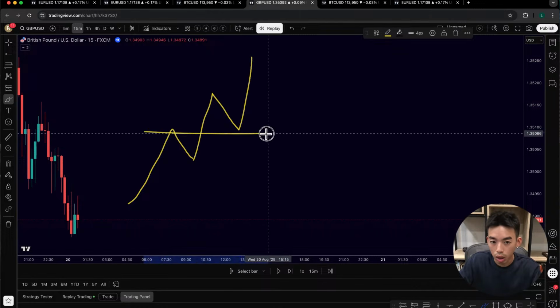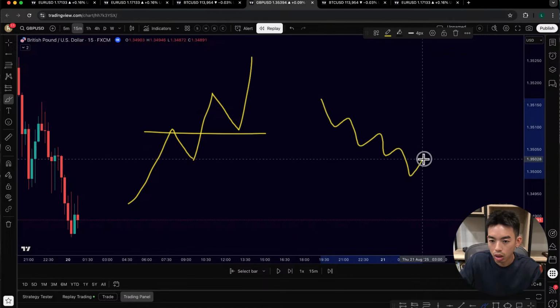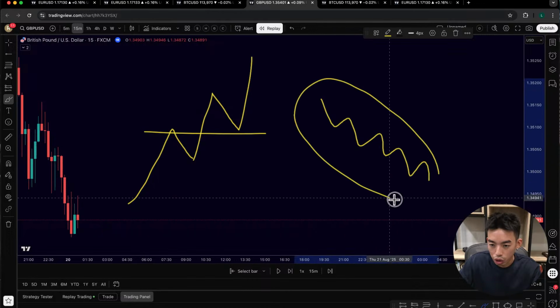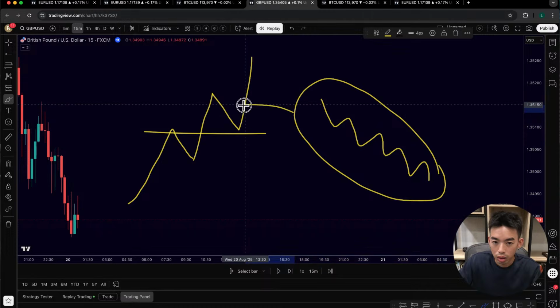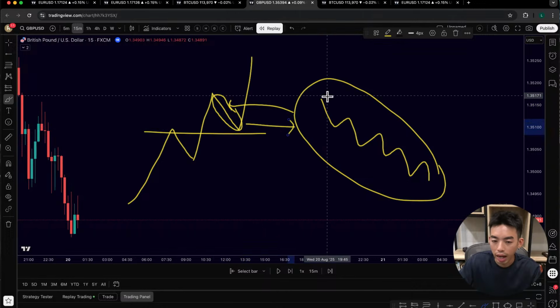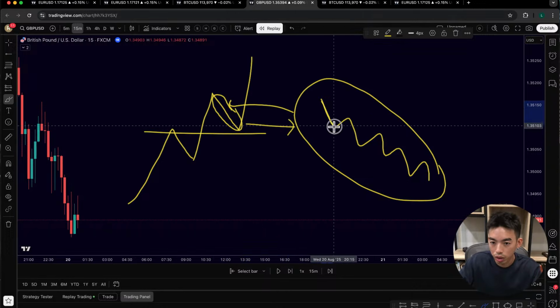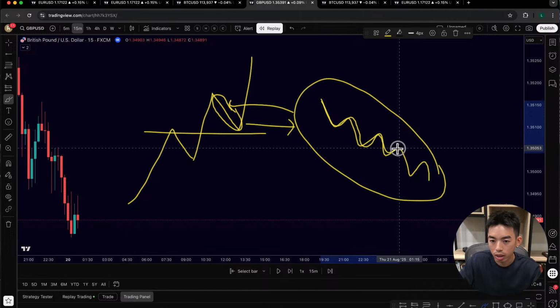What we are reversing is a downtrend, which is visible here. This part here, if we expand that out, would look like this. And we are just trying to reverse this downtrend that's happening on the lower time frame.